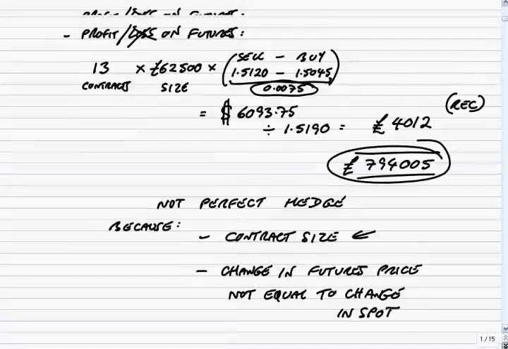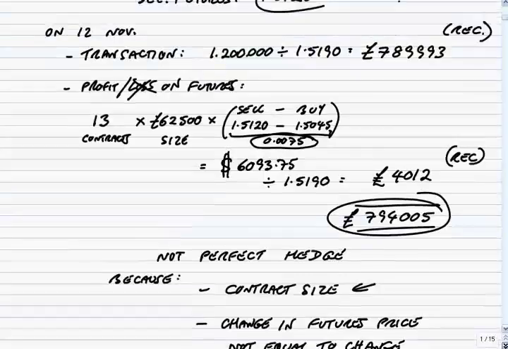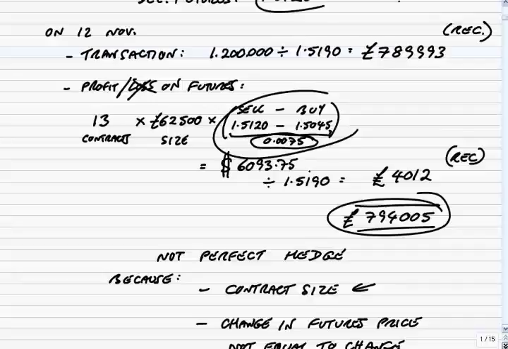Just check, it won't take a moment. But you see, the futures price, we already know. It changed from 5045 to 5120, and so the futures price changed by 0.0075.